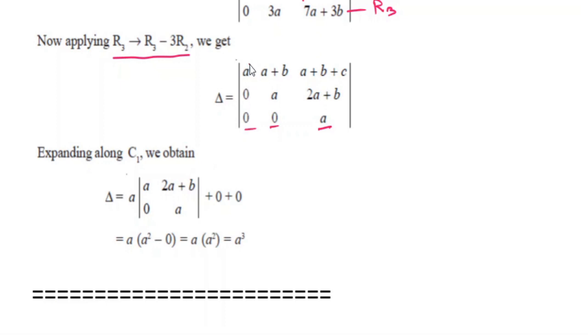So let us target this A. Let me consider this first column, so I have to leave this one. Now I must multiply this. When I take 0, everything becomes 0, so I have to consider only this. So A into A, 2A plus B, A, 0, A. So we get finally A cube, hence the proof.